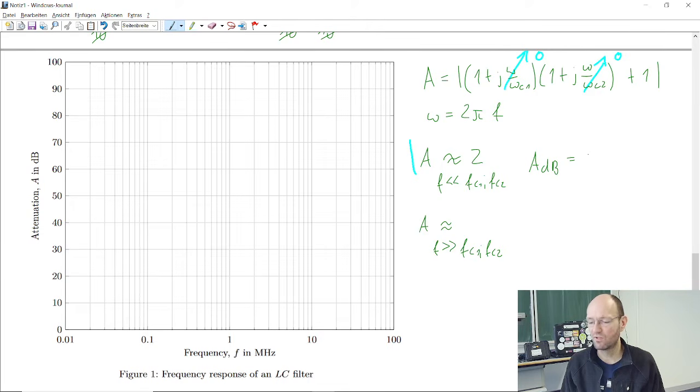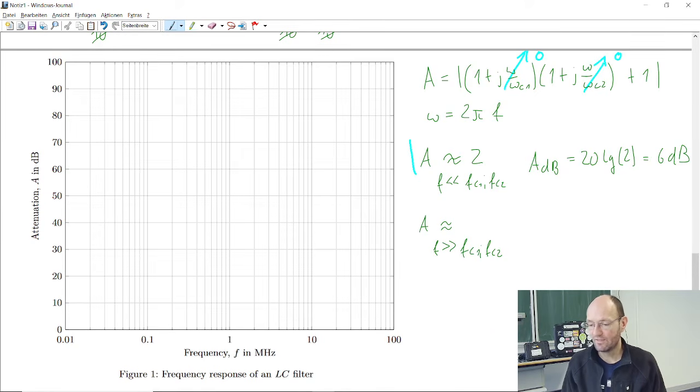Or how could we calculate it? How can we convert this factor of 2 into dB? Yeah, 20 and which log? Yeah, the decadic logarithm of this factor of 2. And if we do this, we would end up with approximately 6 dB. Okay.